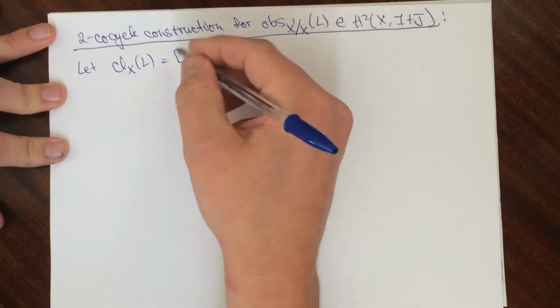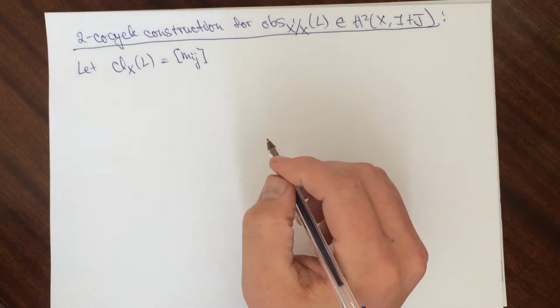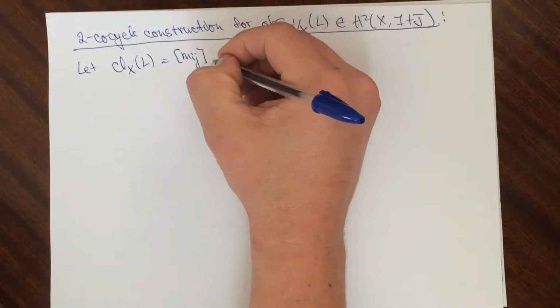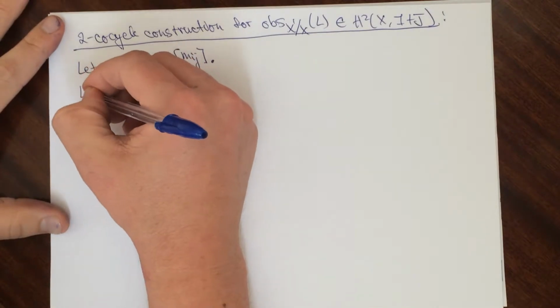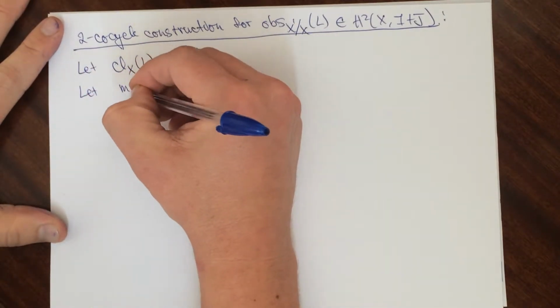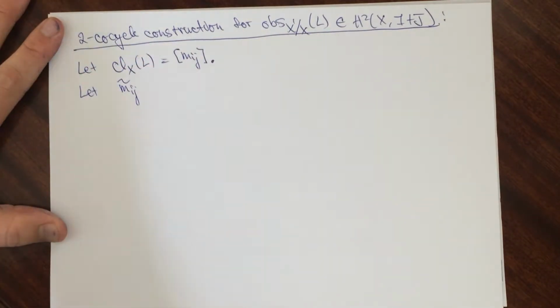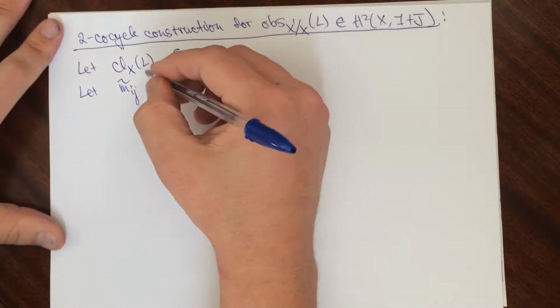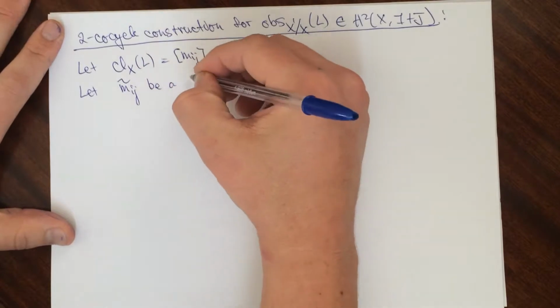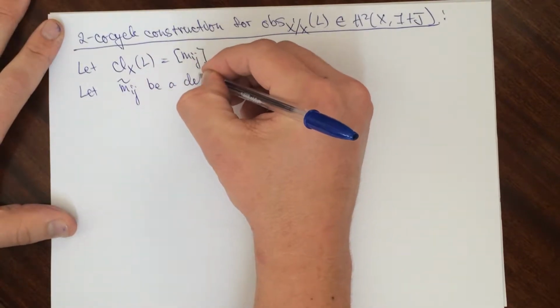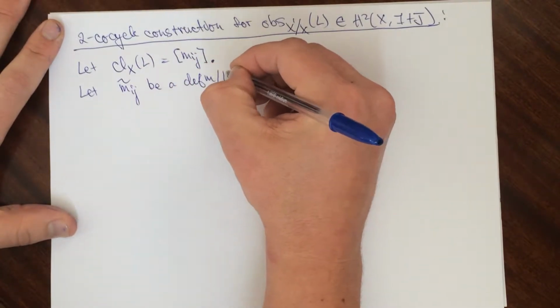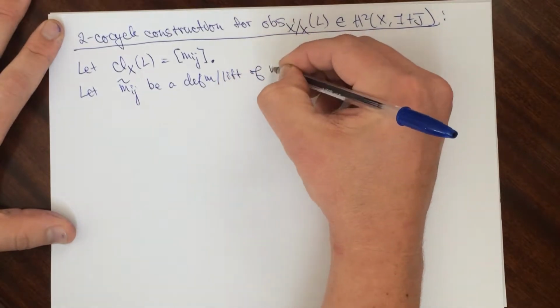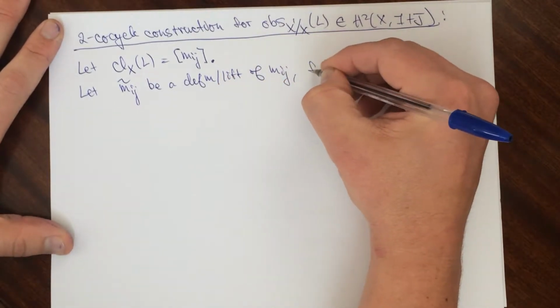Okay, so there's going to be some associated cocycle here. Okay, so let Mij tilde, so again, I'm going to say lifts and deformations are going to be the same thing, be a deformation or lift of Mij for each i and j.